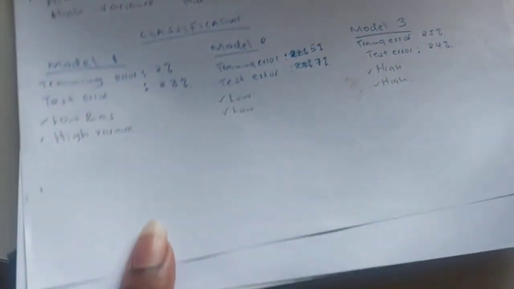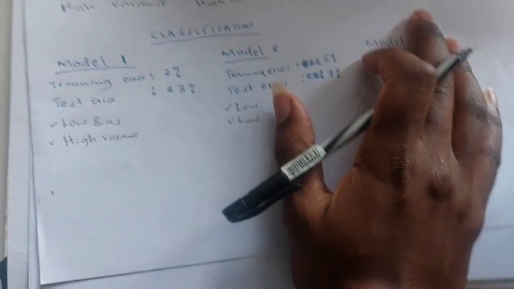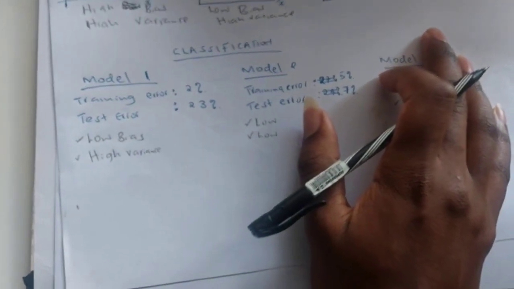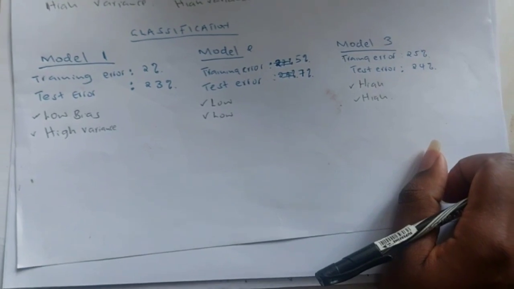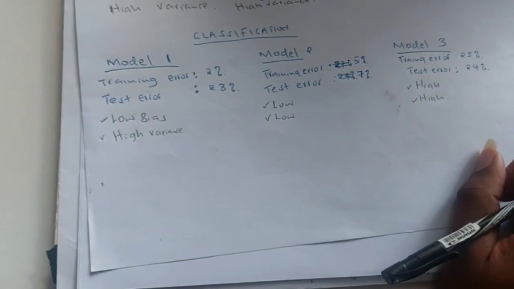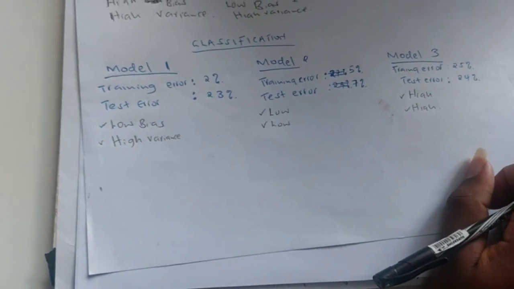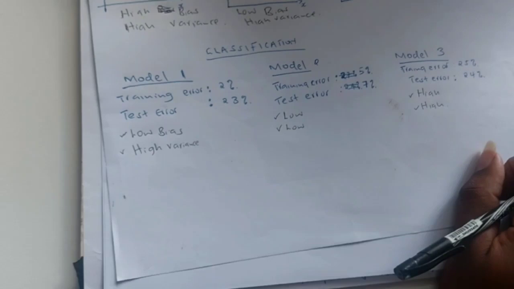Let's go to the classification problem now. Let's say we have a model 1 here, model 2 here, and model 3. In model 1, we see that it has a train error of 2% and a test error of 23%.